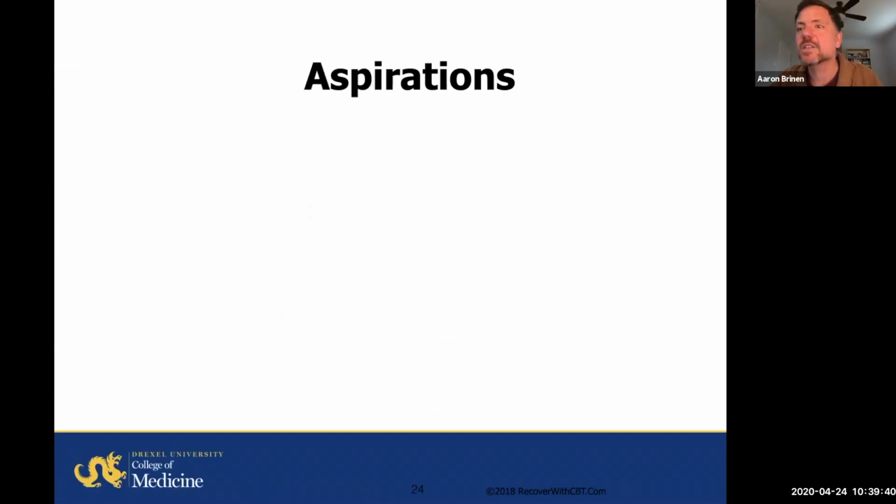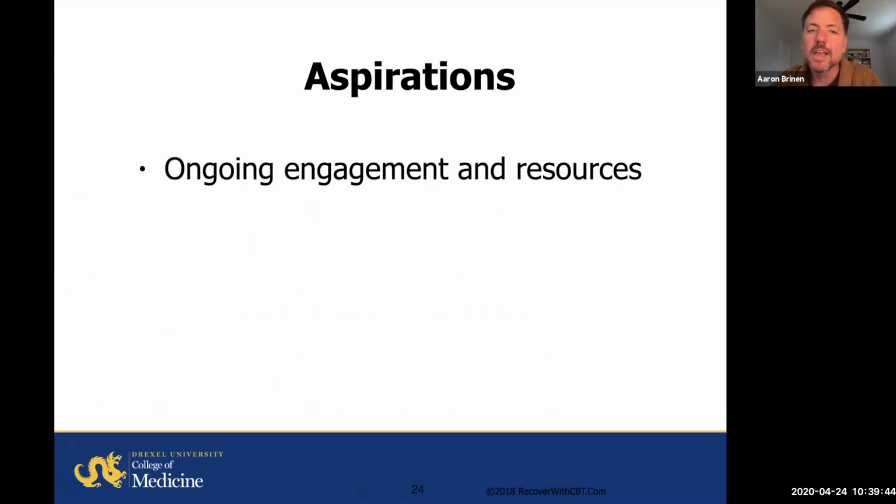And so that leads us to the next strategy. When we're talking about individuals' aspirations, those things that they want to be doing, the things that they want to get in their life, aspirations are going to be this wonderful ongoing source of engagement, of activating the sense of purpose. Imagine if my aspiration is spending time cooking with my kids, going for hikes in the Smoky Mountains with my kids, right?